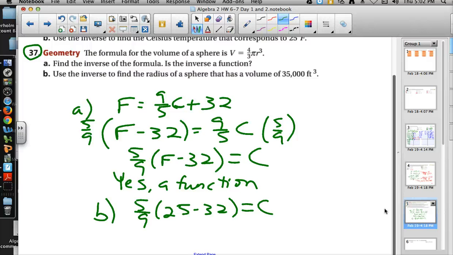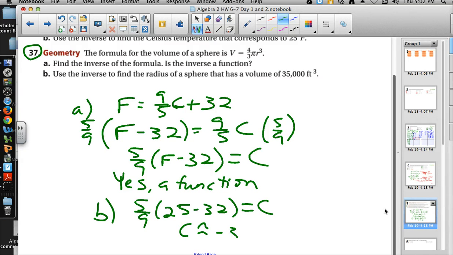We need to take 5/9 times -7. And it is approximately -4 degrees, -3.9. Let me peek here and see which decimal the book went to. They did go to tenths, so we'll go ahead and go to tenths.